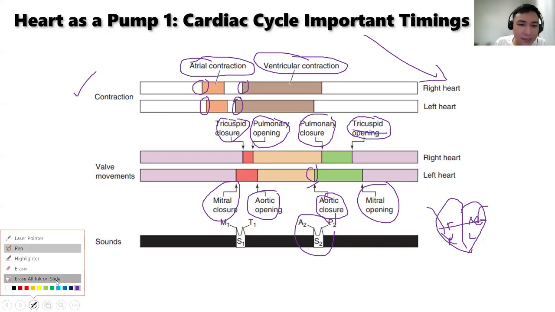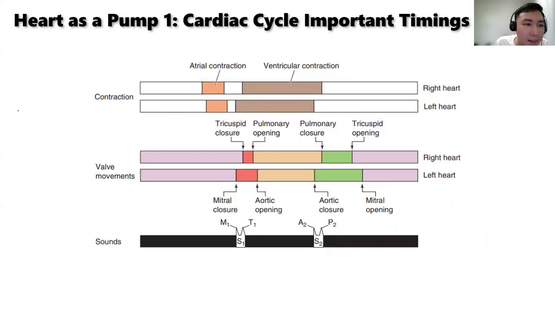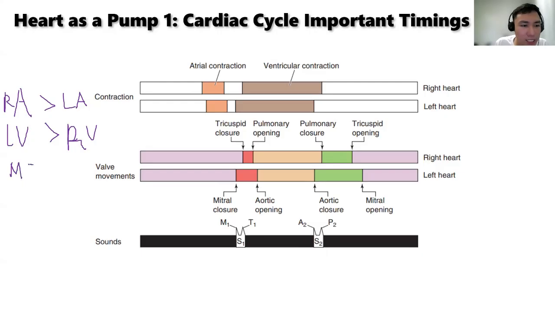Okay? So, in summary, atria, right? So, right atrium will contract first before your left atrium. Your left ventricle will contract first before your right ventricle. Your mitral valve will close first before your tricuspid valve.